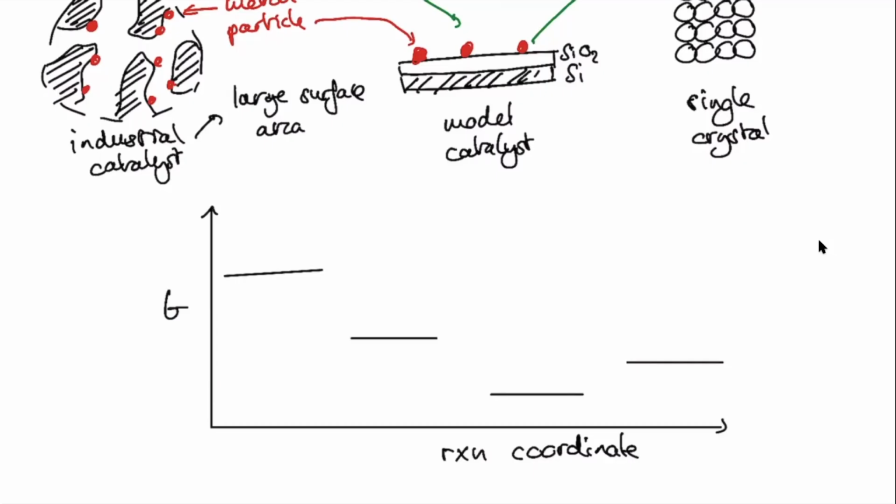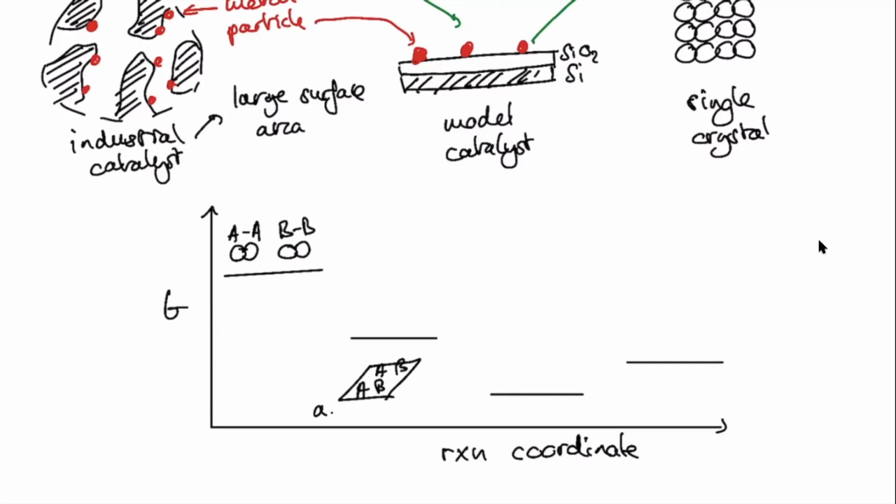So let's say here we have a molecule A2 and B2. Then I have my catalyst surface, say a two-dimensional thing where A2 and B2 are adsorbed.